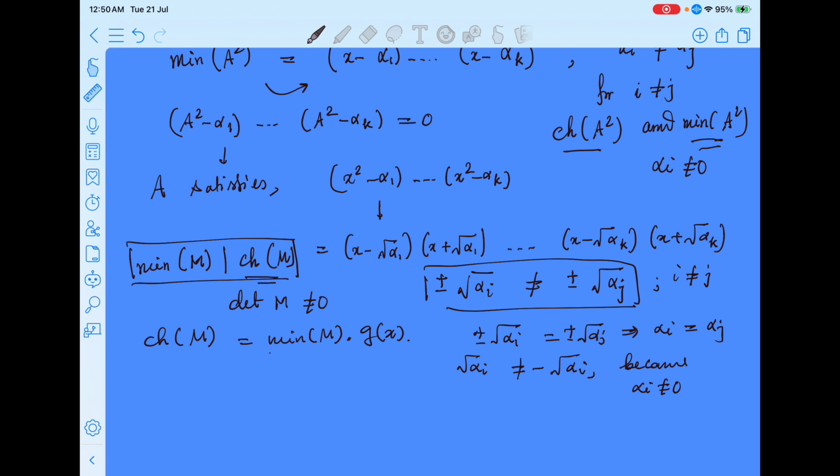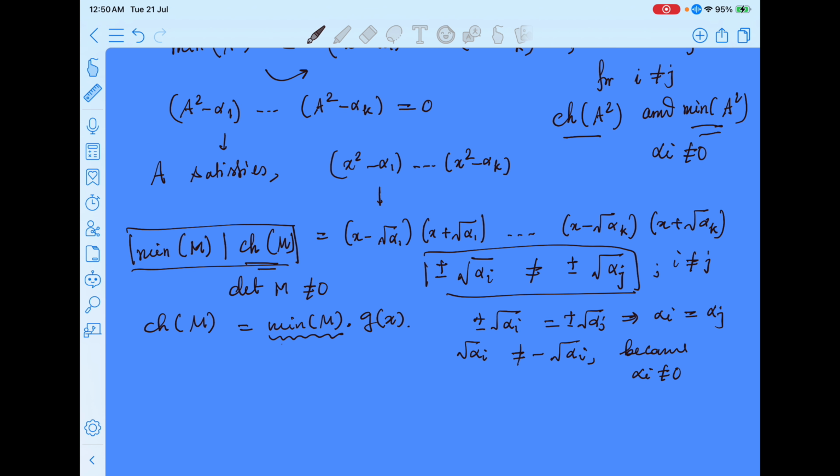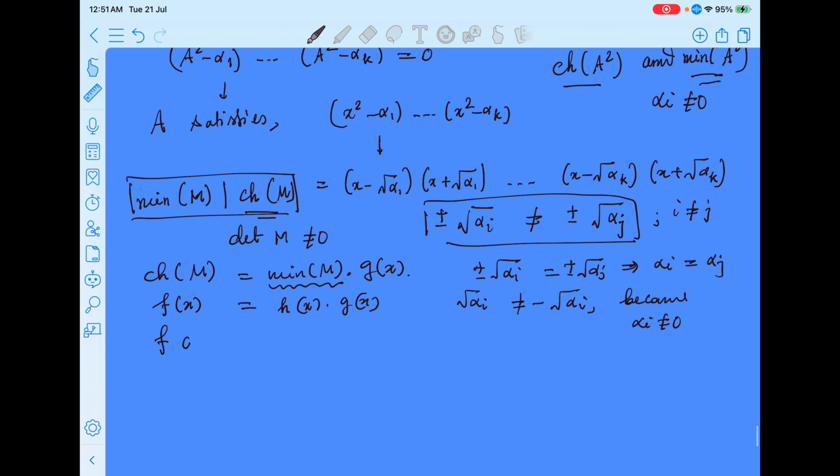So suppose 0 is a root of this minimal polynomial. Let's say the characteristic polynomial is f(x) and the minimal polynomial is h(x). So let us put f(0) equal to h(0) times g(0). So h(0) is 0 if the minimal polynomial has 0 as a root, but f(0) is just plus minus determinant of M, right? So that is not possible here.